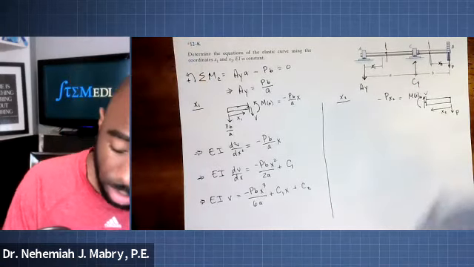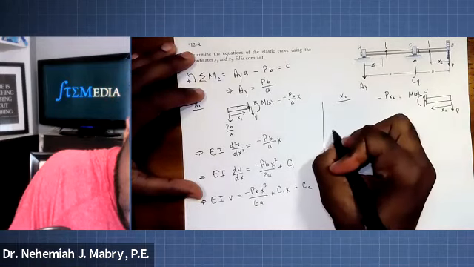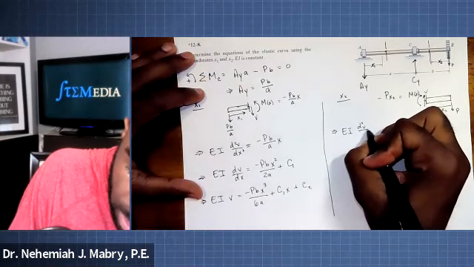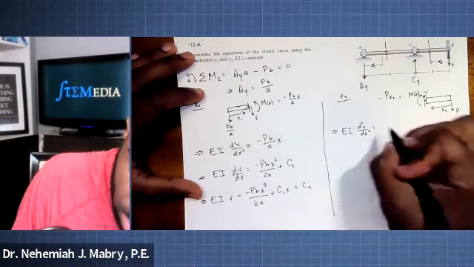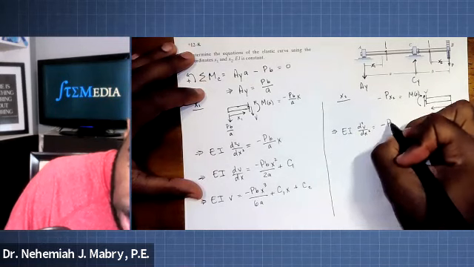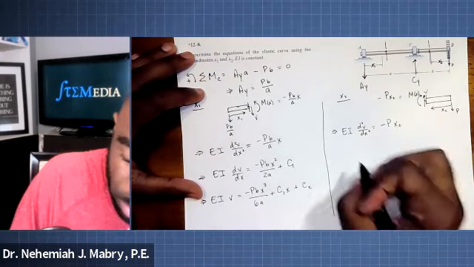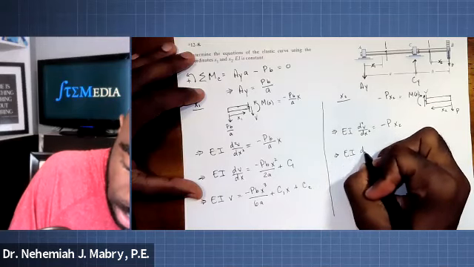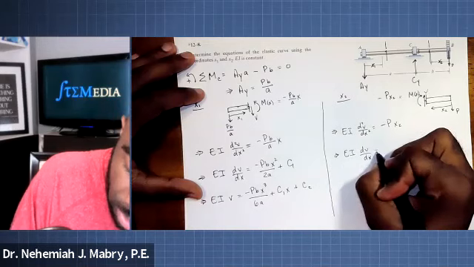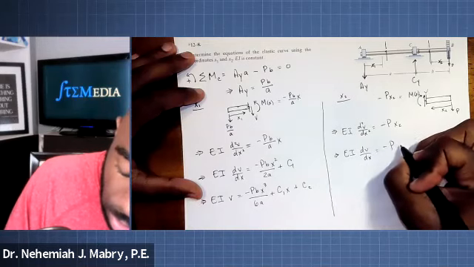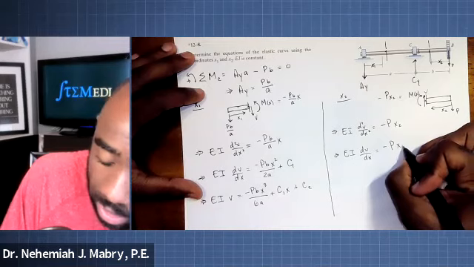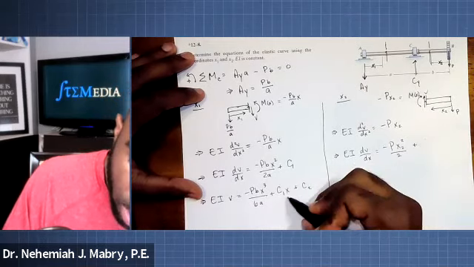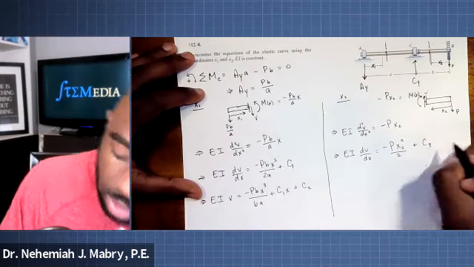So the first equation, EI d squared v over dx squared is equal to negative P x2. Next, EI dv over dx equal to negative P x2 squared over 2 plus, we already used C1 and C2, so let's call this C3.